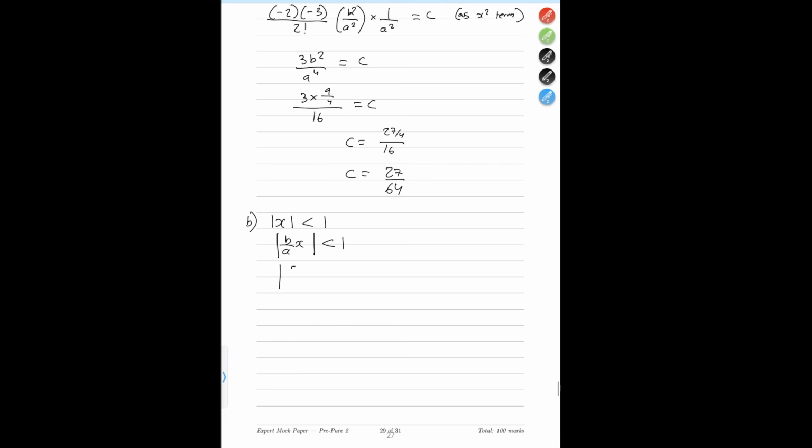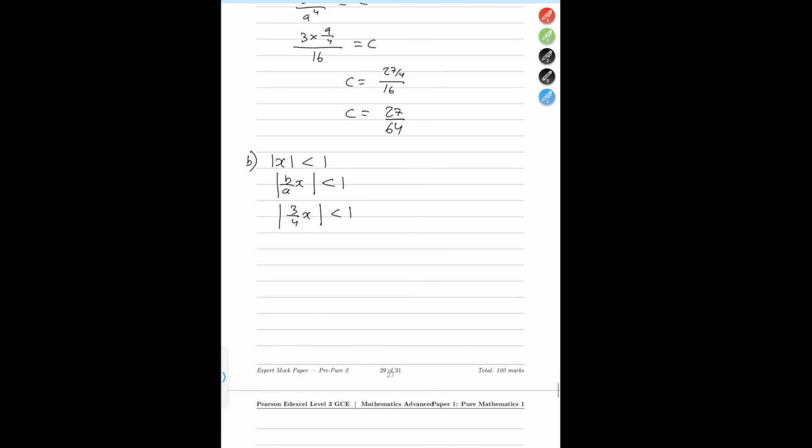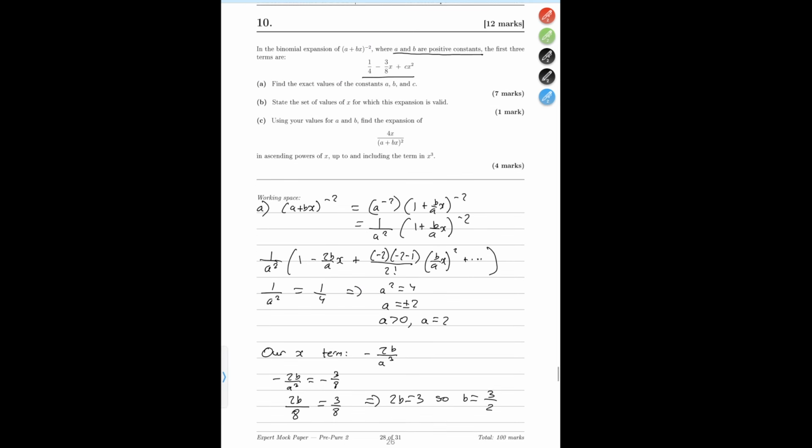So the magnitude of 3 over 4x is less than 1. So we can multiply by 4 over 3 and say, therefore, the magnitude of x has to be less than 4 over 3. So that is how you would get the values of x for which the expansion is valid.